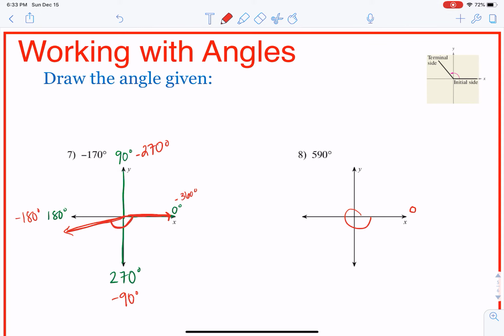Knowing that this is 0, this is 90, this is 180, and this is 270, so 590 minus 360, I still have another 230 degrees to go, and 230 fits nicely right over here. So I'll go around my circle once for 360, I'll go around again, and I'll stop right here. So that's my measure of 590 degrees.